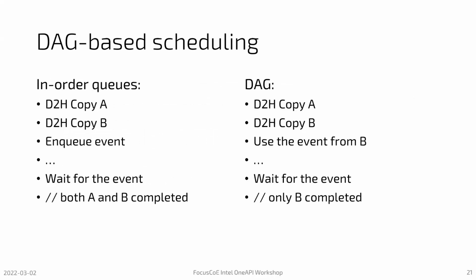Because if we submit multiple operations and then an event to an in-order queue and then wait for this event, we can be sure that both operations are completed. Now, if we have a DAG and we get the event from the second operation and we wait for its completion, we know that the second operation has completed, but we don't know anything about all the previous ones. So when trying to shoehorn DAG scheduling and in-order queues into the same code, such implicit dependencies can be a problem.